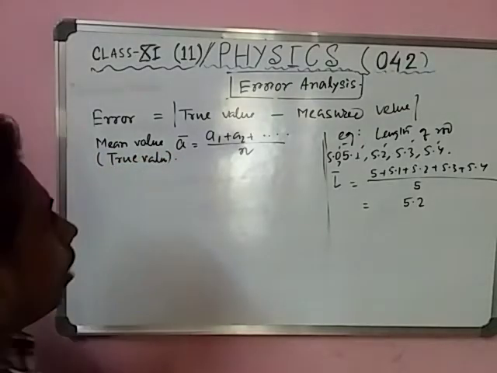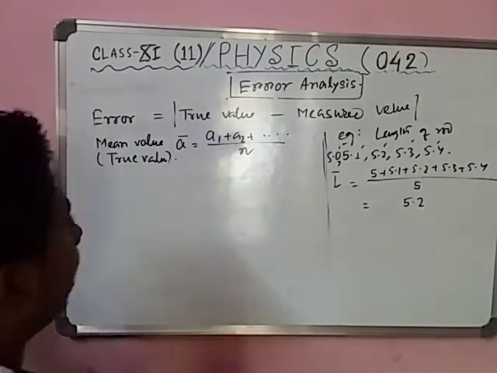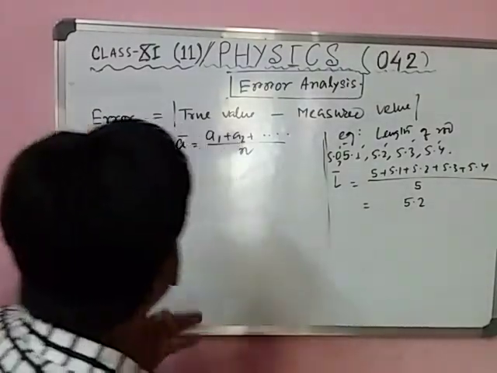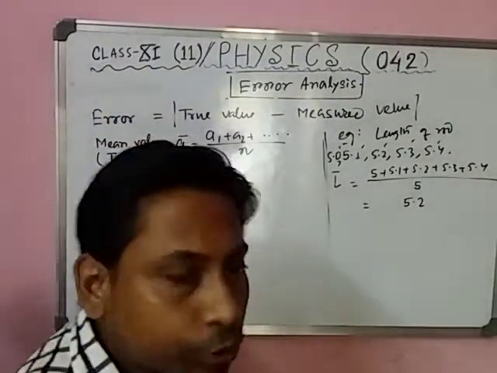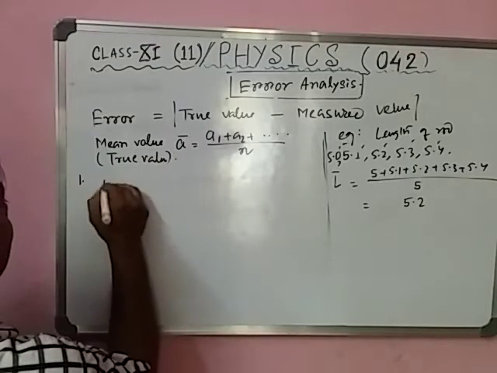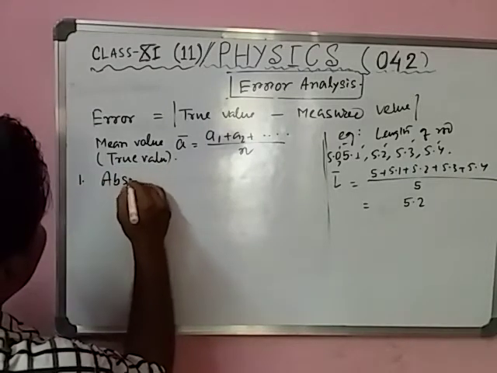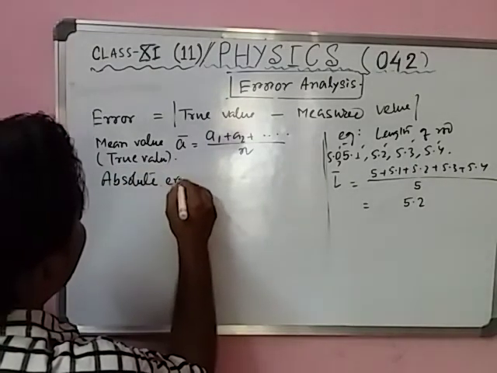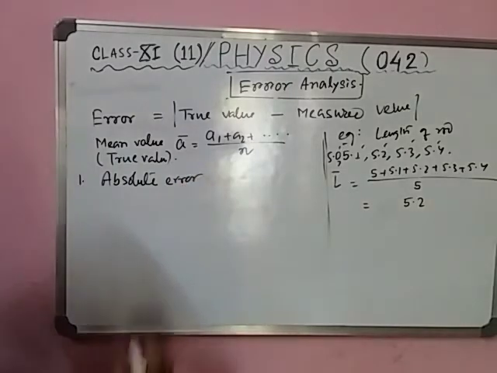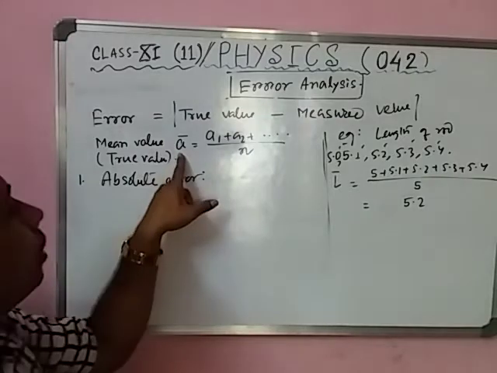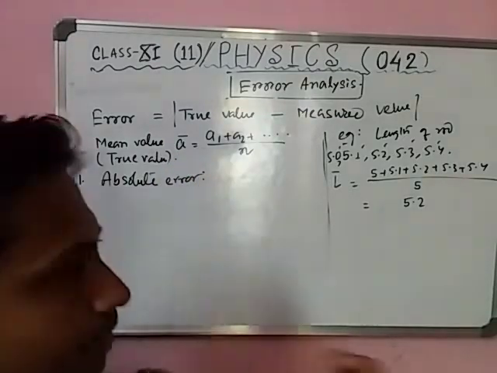Okay. Now first of all we have to find the absolute error. So first term is absolute error. What is called absolute error? Absolute error means mean value minus the observed value.